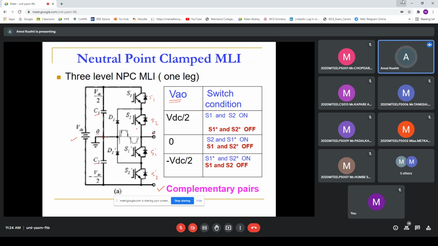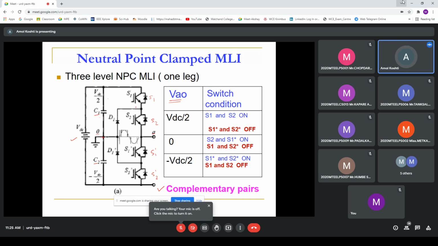To produce the output voltage, if we have voltage level VDC, with C1 and C2 both of the same values, then this input voltage VDC is equally divided across C1 and C2. Assume VDC by 2 appears across C1 and VDC by 2 appears across the capacitor C2. What are the different levels we get here?